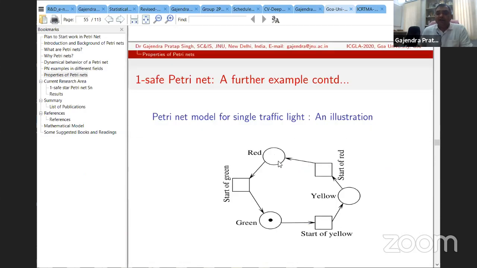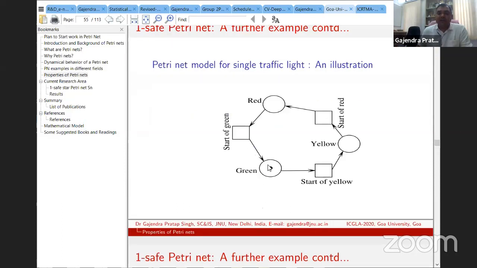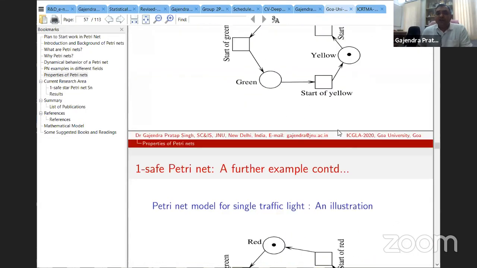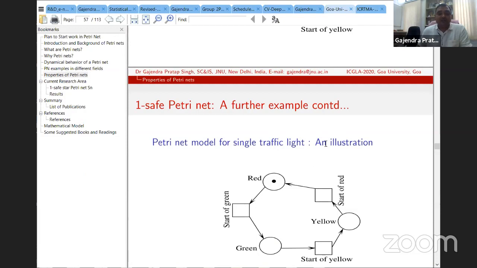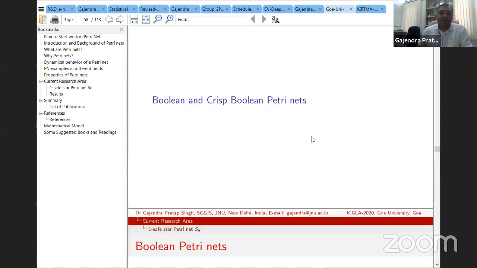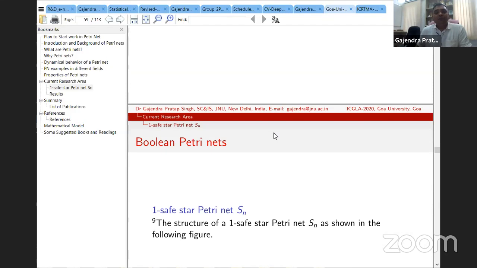The signals are the places, and the starts of the activity of lights are the transitions. Green represents the already existing green light here. Then if the start of yellow is there, the token moves from here to here. We can also model more than 2 traffic lights; this is a very simple illustration. Now come to the Boolean Petri net.